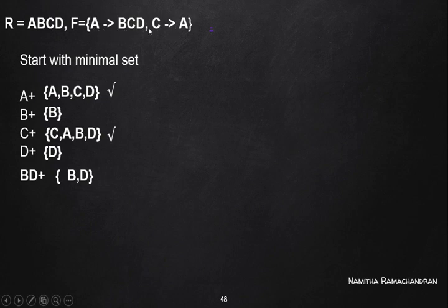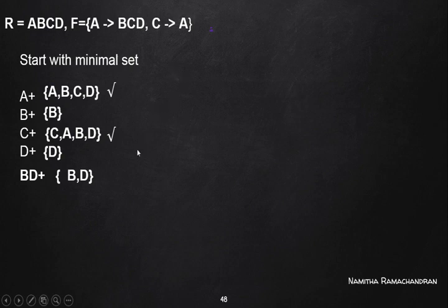So it is clear, without deriving further, that BD cannot derive all the attributes of the relation. So BD is not a candidate key. Next we could consider a set containing three attributes including B and D without including A and C. Here no such set exists.